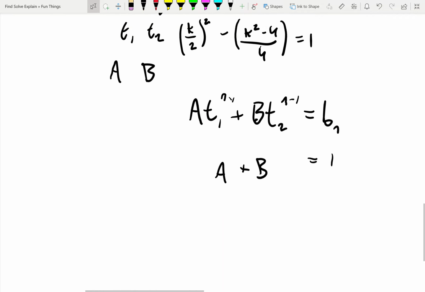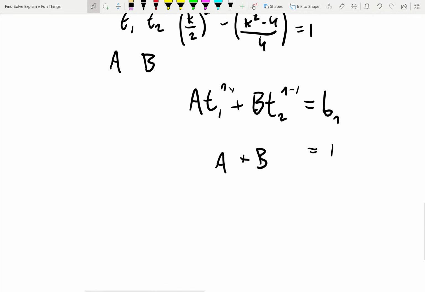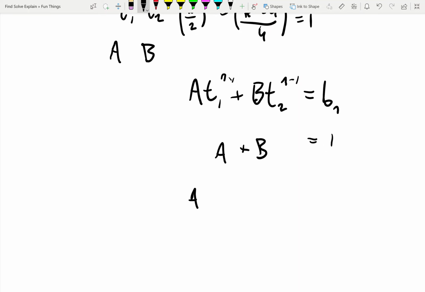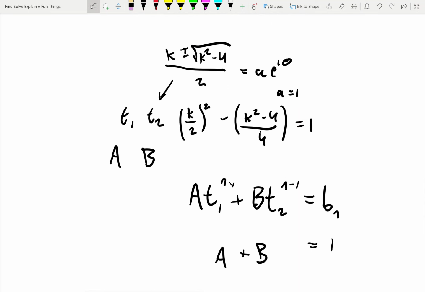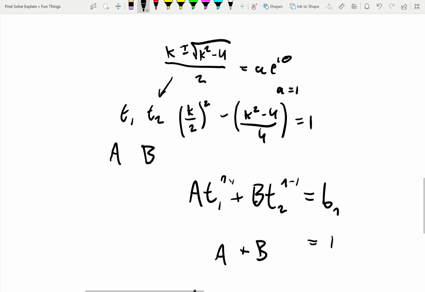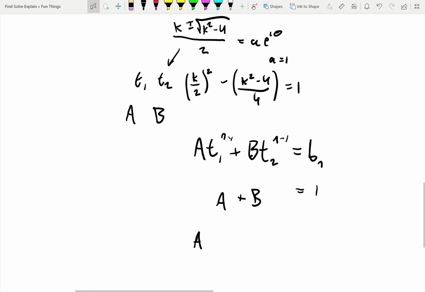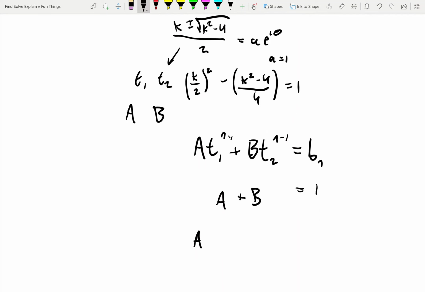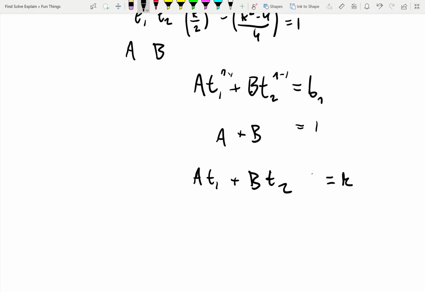And then we can also expand out this for the second term, with the full expanded form of these. And this gives us that a times t1 plus b times t2 is equal to k. And of course, a plus b equals 1.